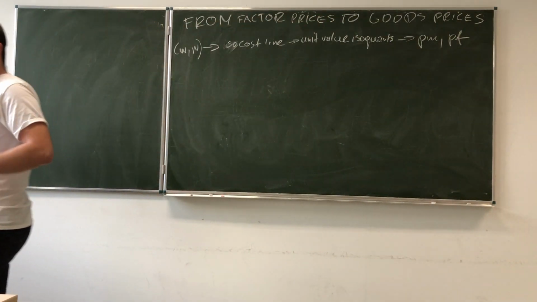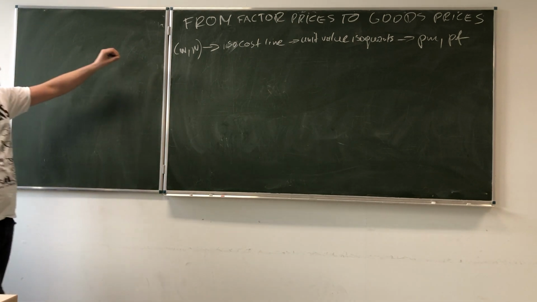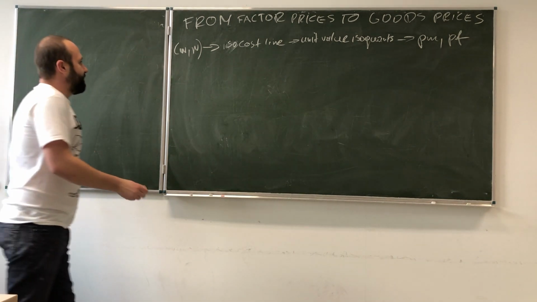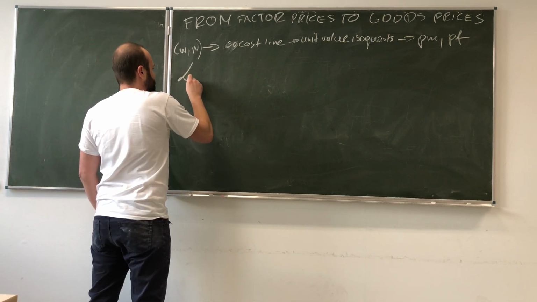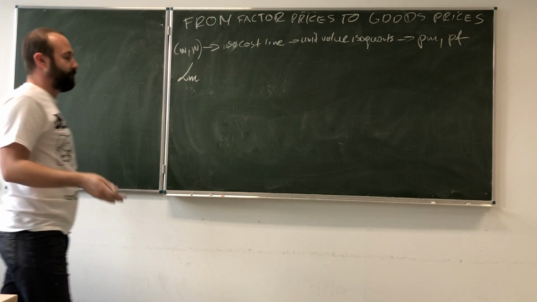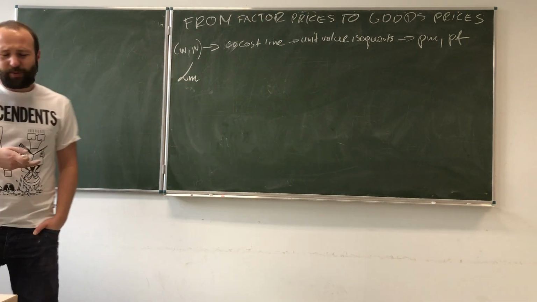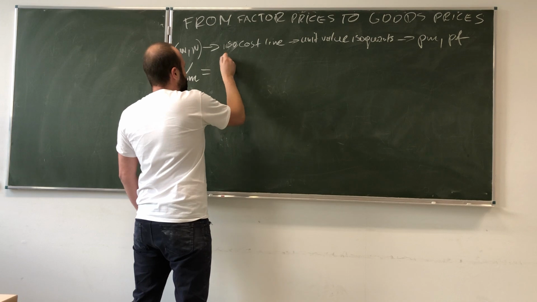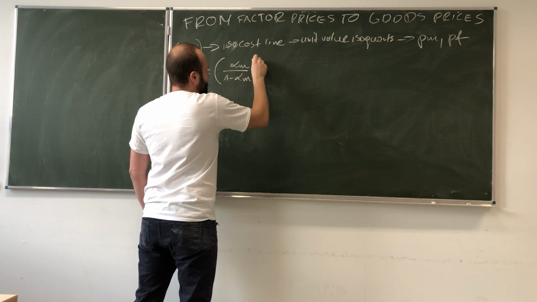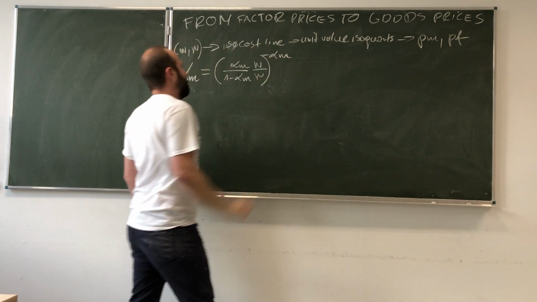Okay, but in order to derive this proposition directly from the model, we need to remind ourselves of a couple of things. We've calculated that the optimal level of labor hired by the companies is given by alpha_m over 1 minus alpha_m, w over r to the power negative alpha_m.